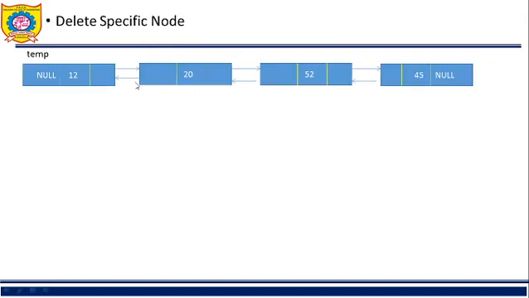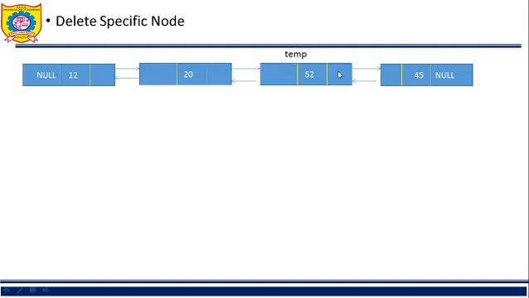Delete specific node. If I want to delete this 52, what do we need to do? Take this 52 in one variable, suppose key, then find the node which holds the key value 52. Once we reach that node, we need to free the references held by that node. So what references does it hold?